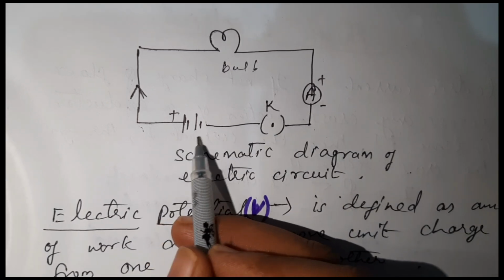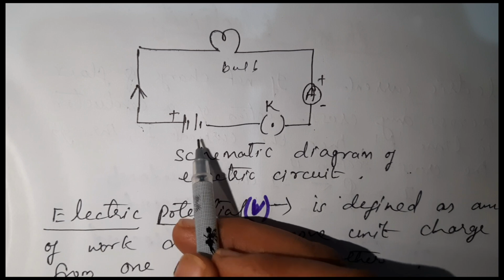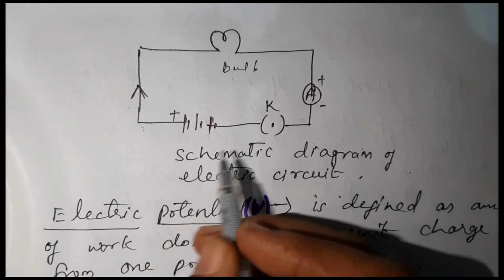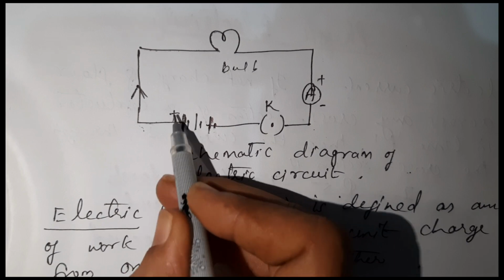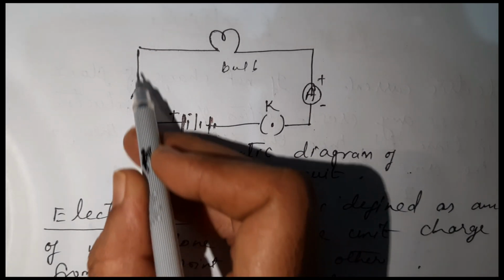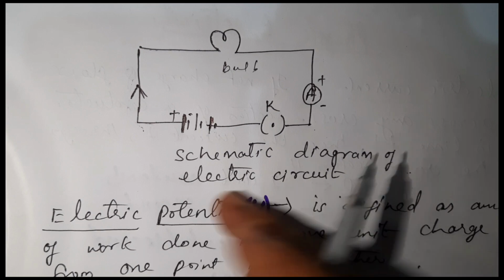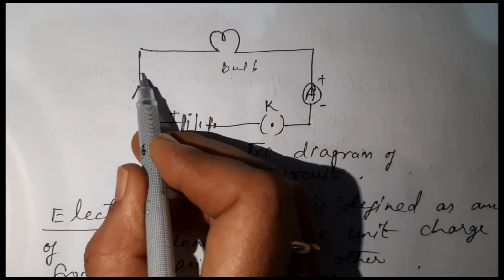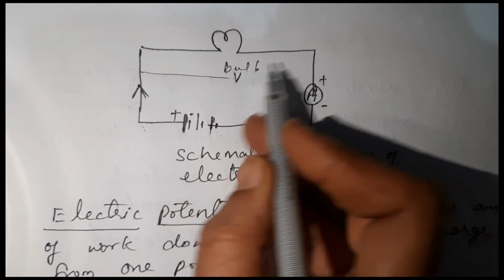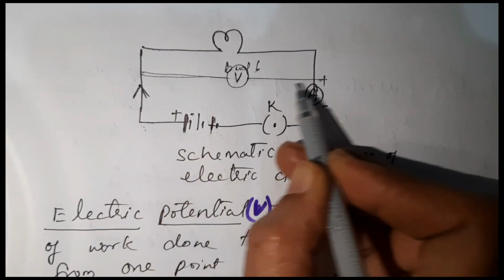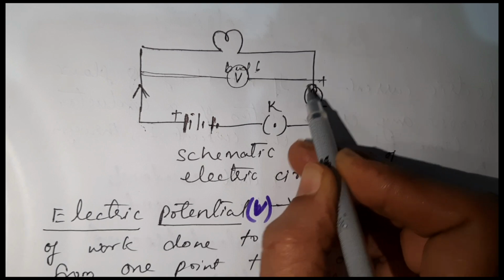Then I have taken 2 batteries. In the question they can ask to use 3, so we'll put 3 for that. Always the bigger line represents positive and the smaller one represents negative. Current always flows from positive to negative. So this is how to draw. In this they can ask to add a voltmeter. Voltmeter is used to measure potential difference, and it is always connected in parallel. So we connect the voltmeter in parallel and the ammeter in series.